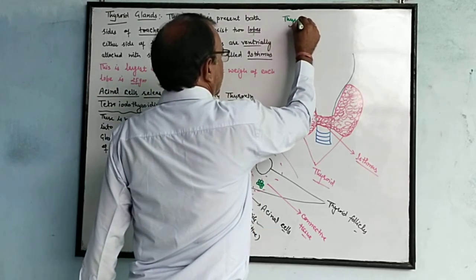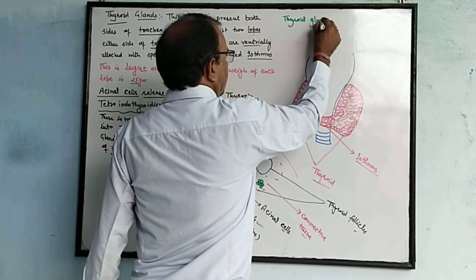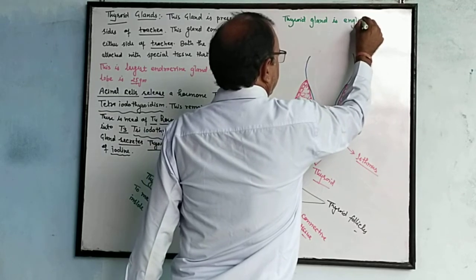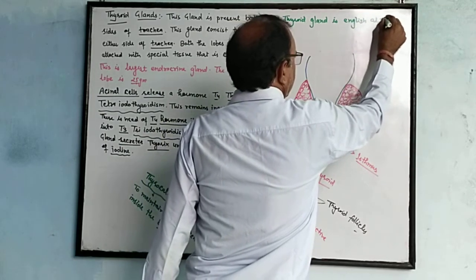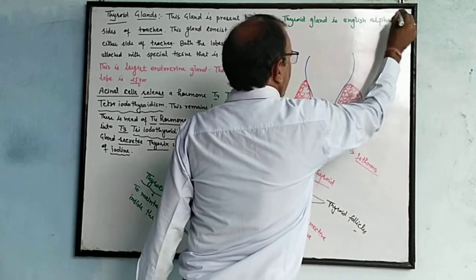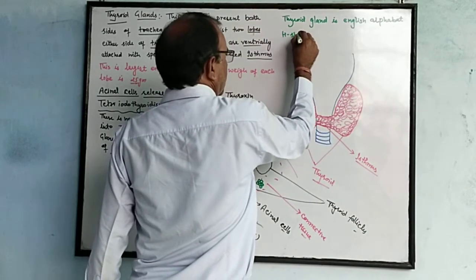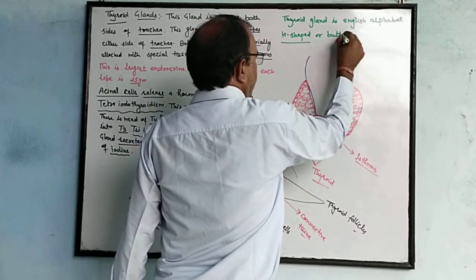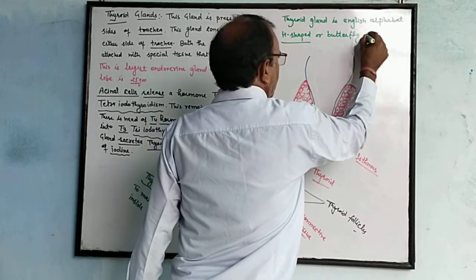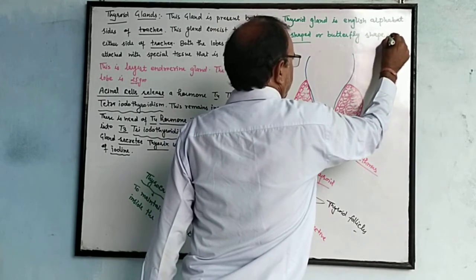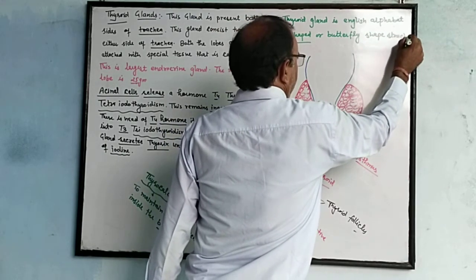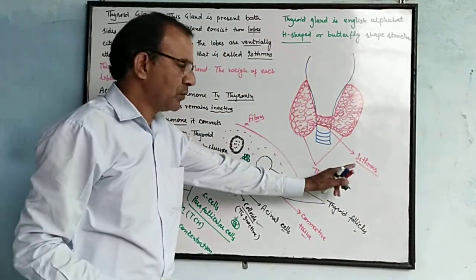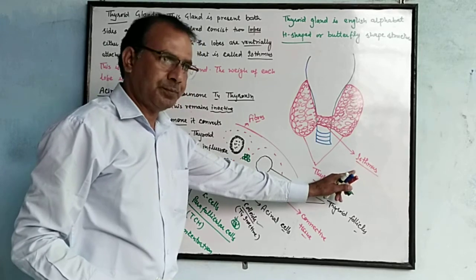On the frontal side, or you can say ventral side, both lobes are attached with a special tissue that is called isthmus.